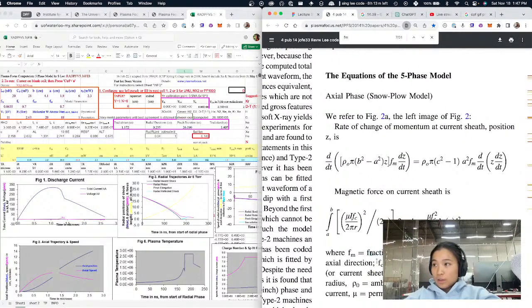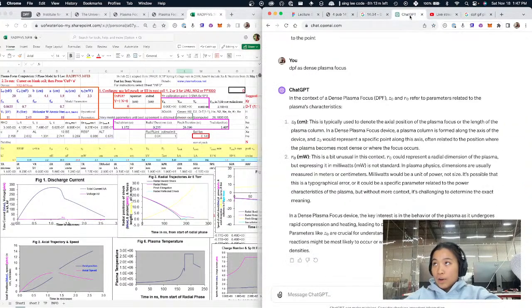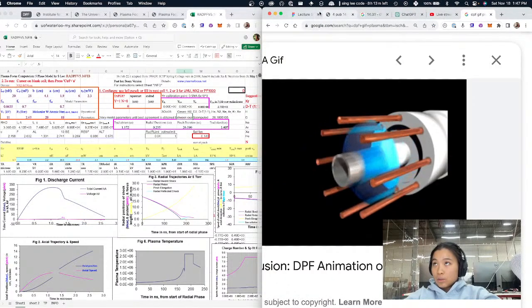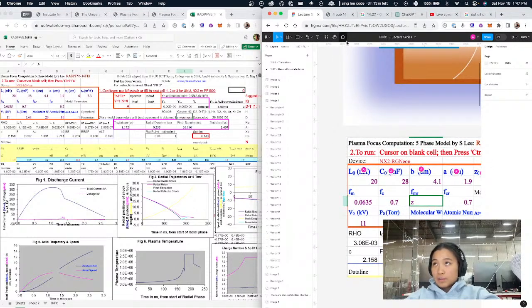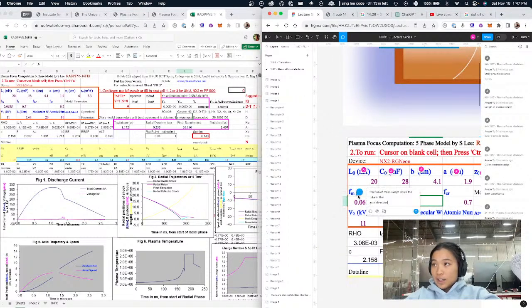This is helpful. Fraction of mass swept down the tube. Oh, okay, and that's why it's a ratio between 0 and 1. Yeah, so this is the fraction of mass. Yay, discovering things. In the axial direction. Okay, cool.